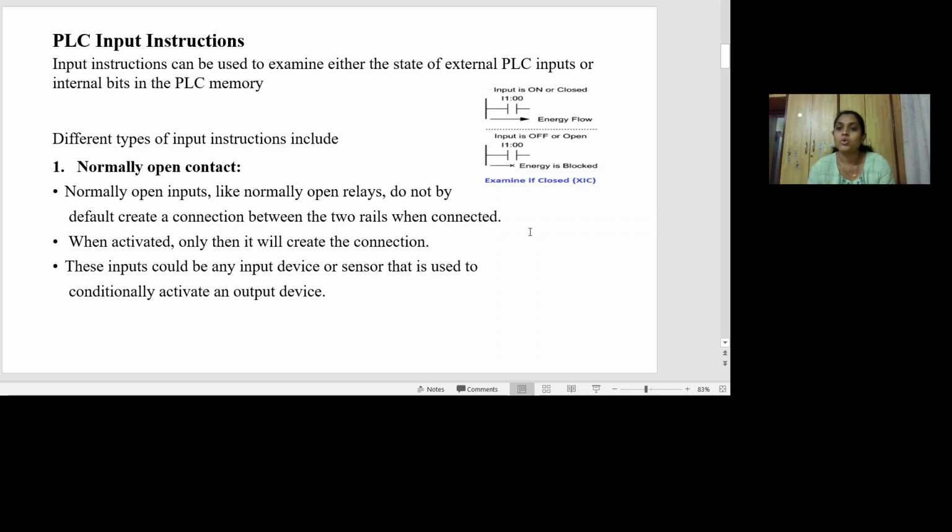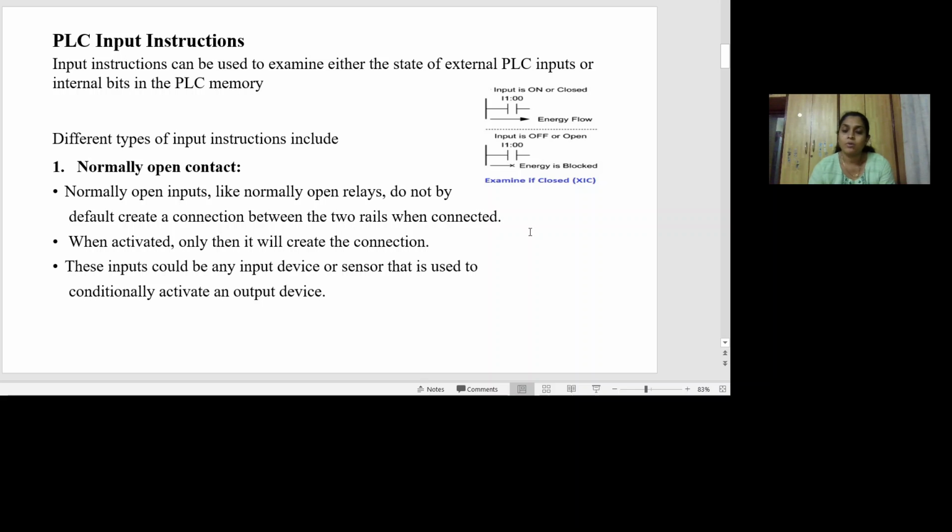That is, only when some conditions are met, only in that situation the output device has to be activated or energized. In such situations, we will be using input instructions like NO contacts.